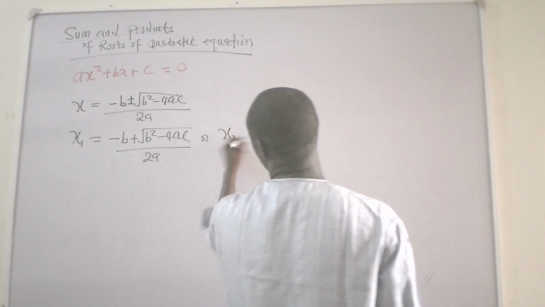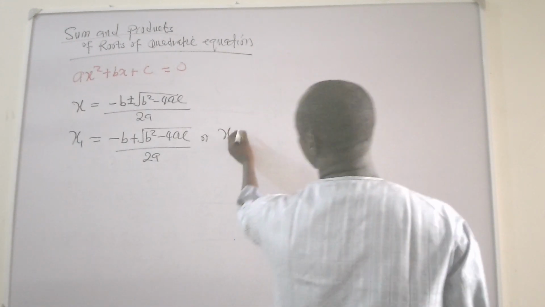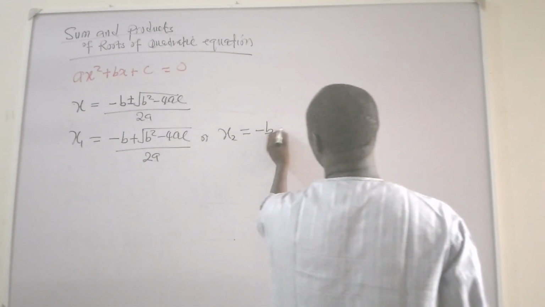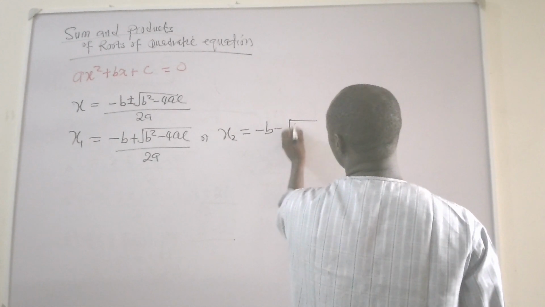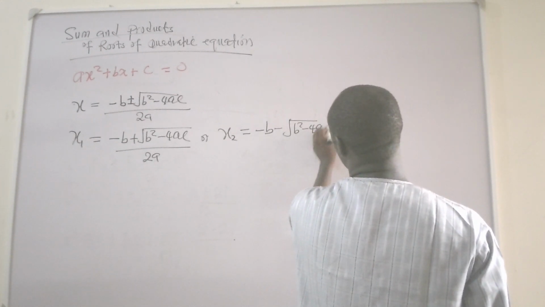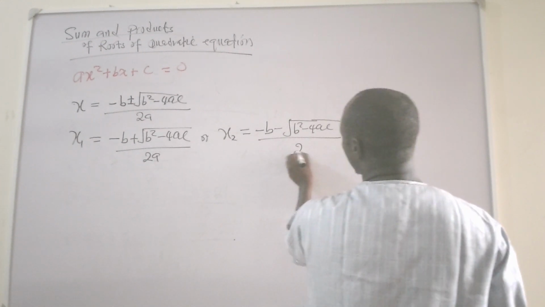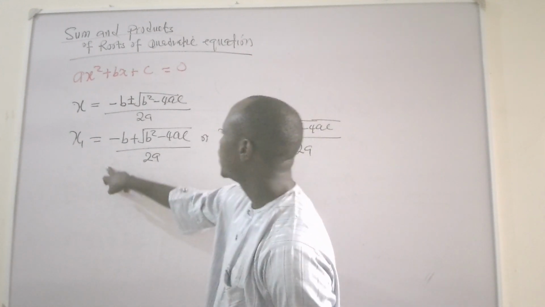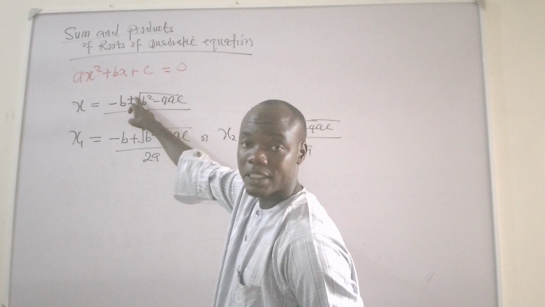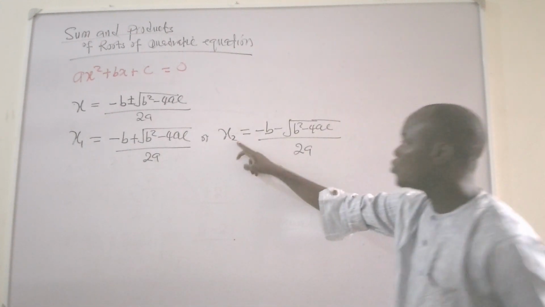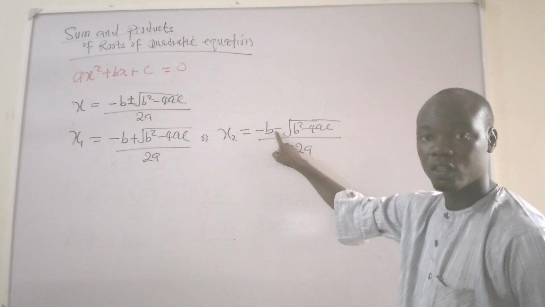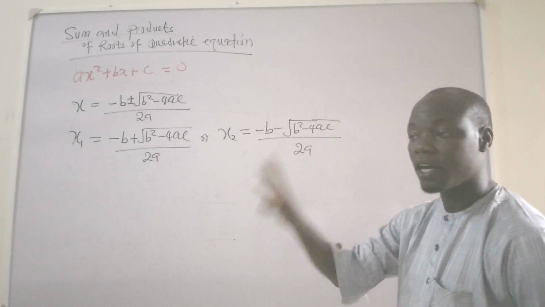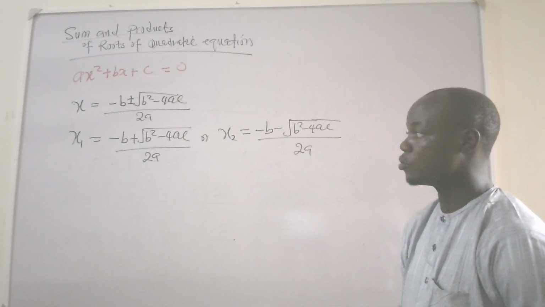So our x2 is going to be minus b minus square root of b squared minus 4ac all over 2a. So it means that x1 goes with the plus, and x2 goes with the minus. Now what we are talking about is the sum and the product of roots of quadratic equation.